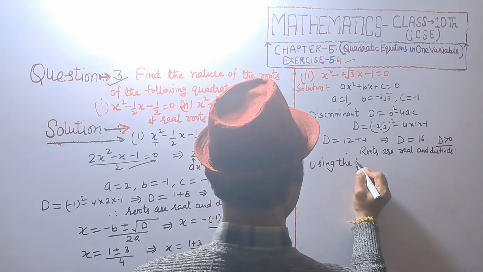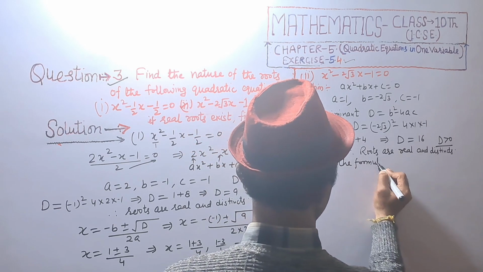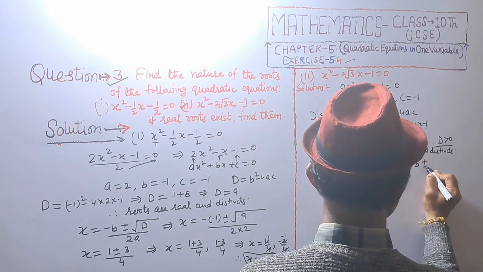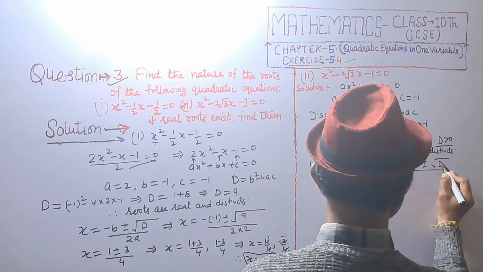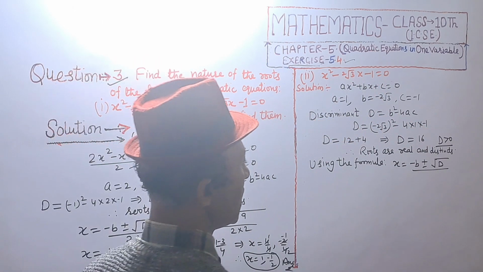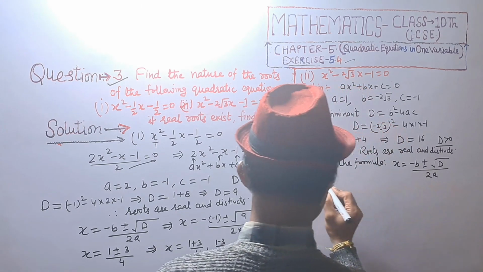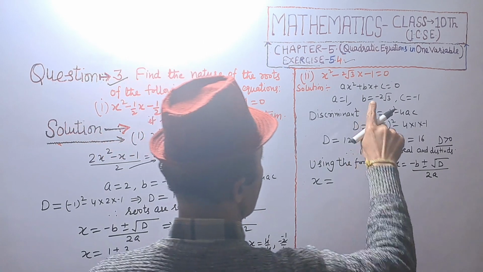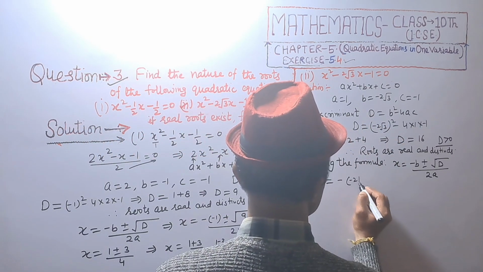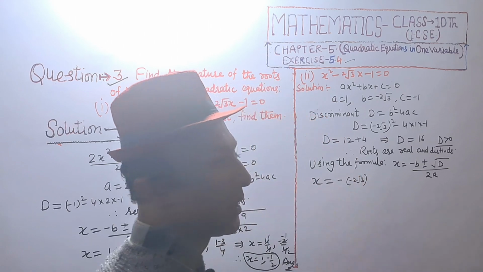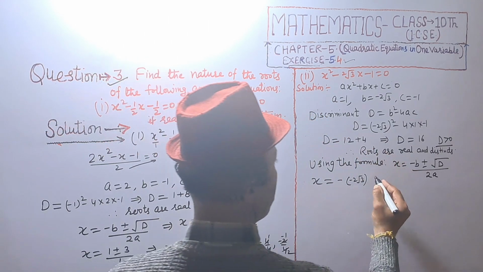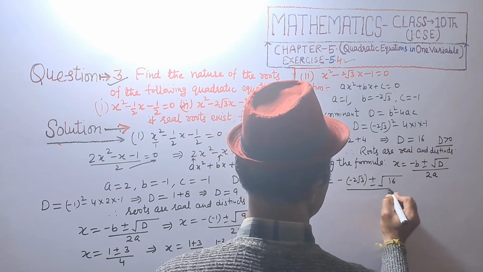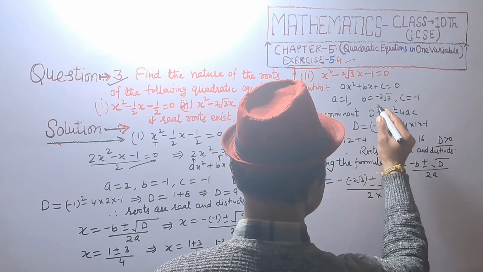Using the formula x is equal to (-b ± root D) upon 2a, where D is b^2 - 4ac. x is equal to -(-2 root 3) ± root D, D is equal to 16, divided by 2 into a is 1.